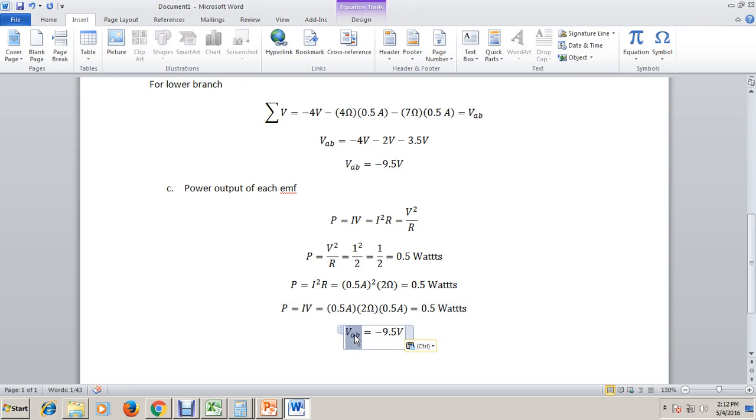So therefore, let me label this as the power output of the 12 volt battery. It should be equal to I times V minus 0.5 watts.